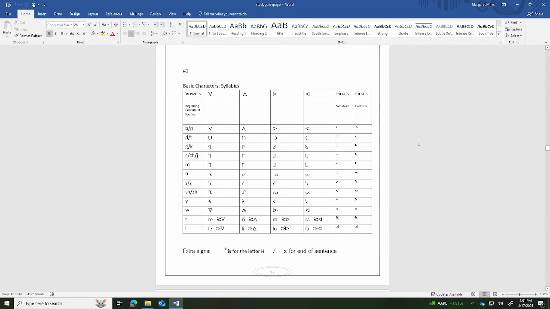Vowels. The first chart is in syllabics, basic characters. Vowels is on the front row. It's better to practice these characters along with the consonant sounds.